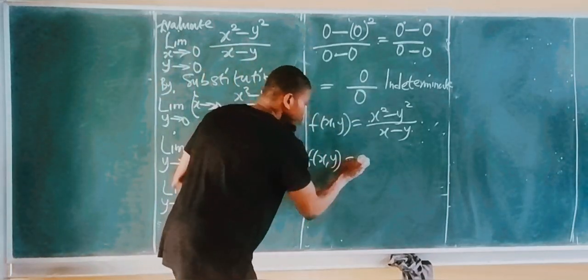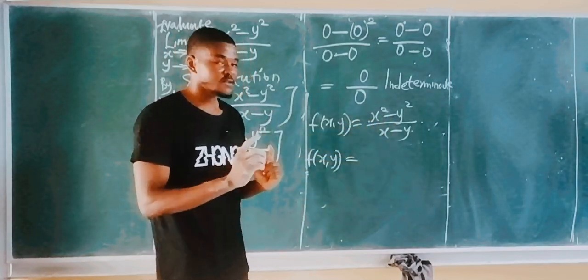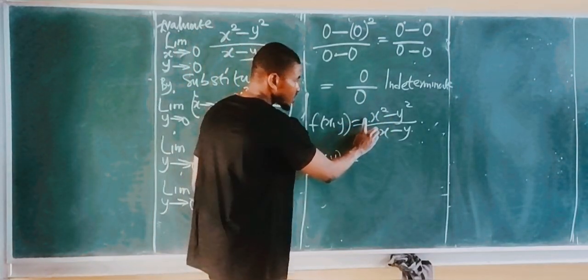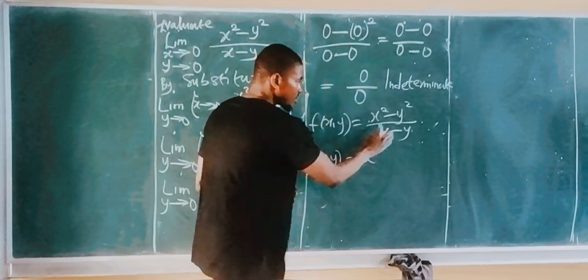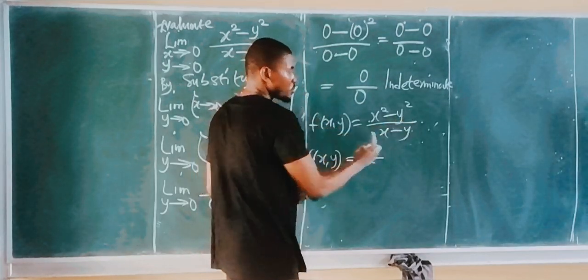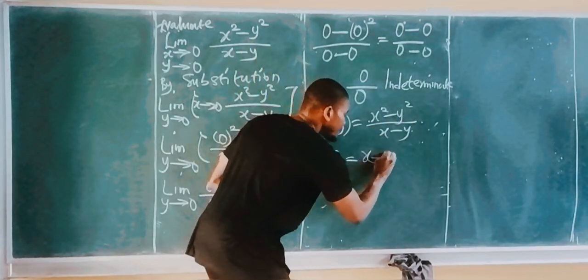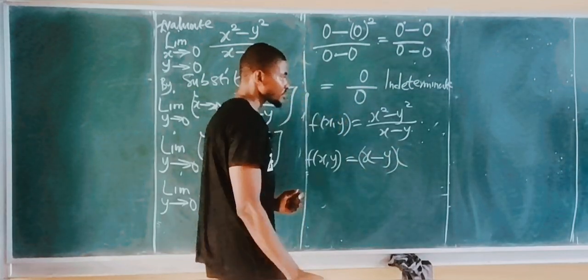To factorize this, I pull out one of the x from x squared, so I simply have x, bring the sign, which is minus, and pull out one of the y from y squared, so I have y, close the bracket, open another bracket.